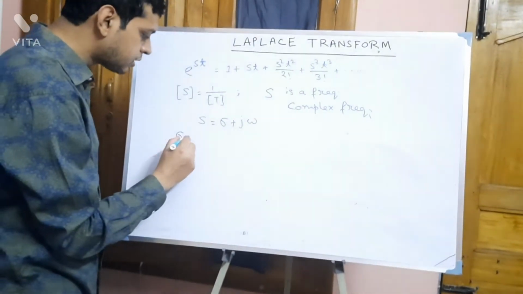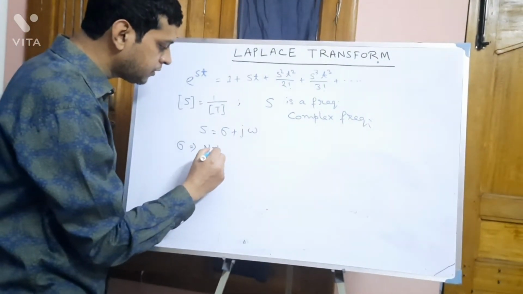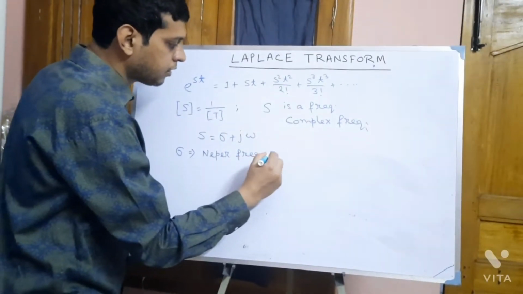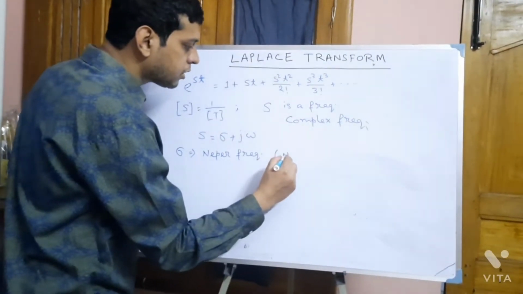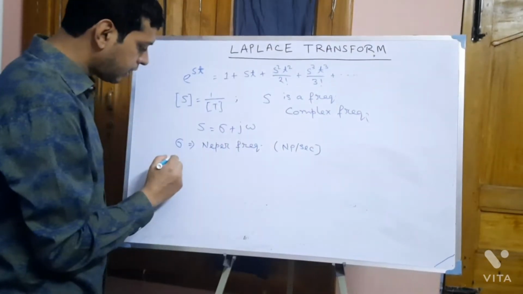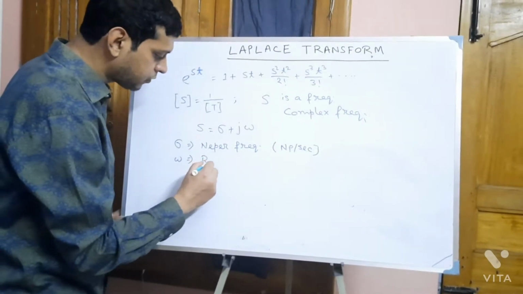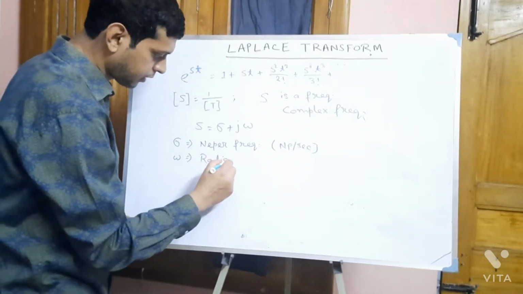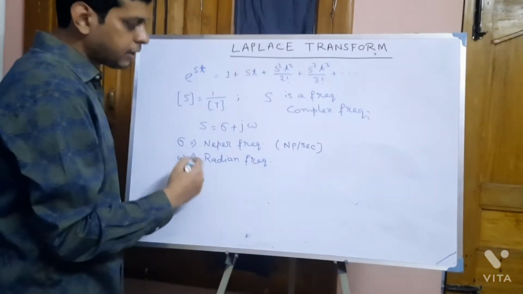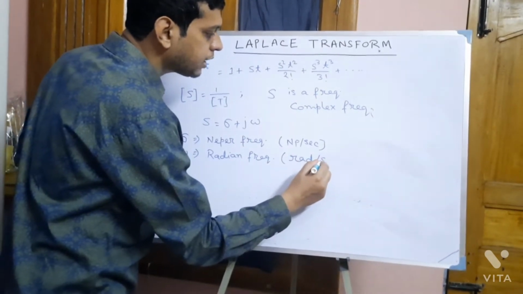Sigma is the real part of s and we call it the Neper frequency, and the unit of sigma is Neper per second. Omega we call the radian frequency, and the unit of omega is radian per second.